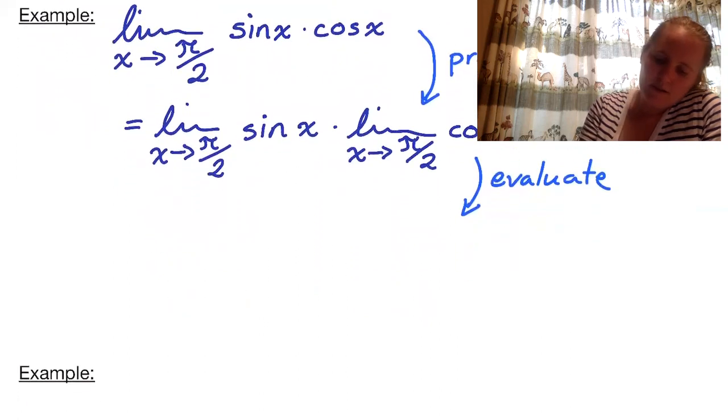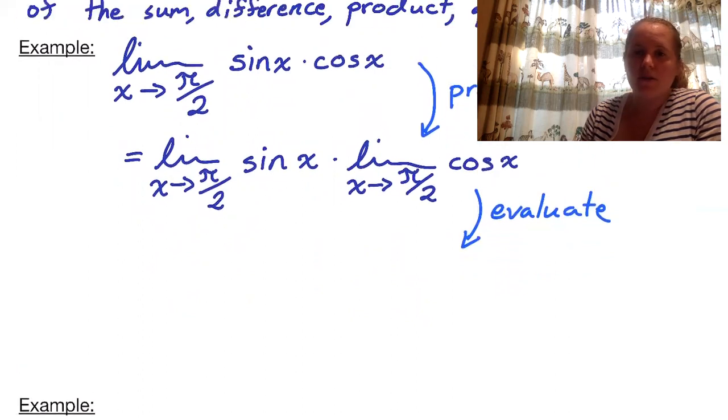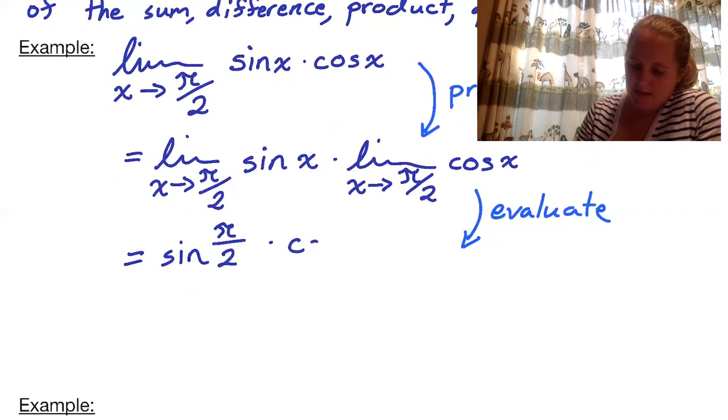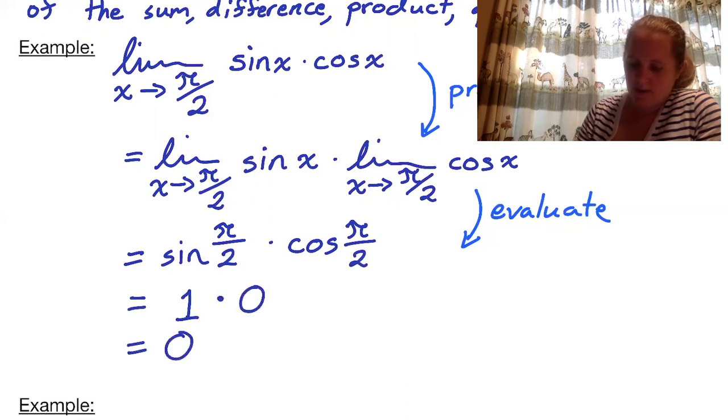So when we take the limit as x approaches pi over 2 of sine of x, we just get sine of pi over 2. And then when we take the limit as x approaches pi over 2 of cosine of x, we just get cosine of pi over 2. Sine of pi over 2 is 1, cosine is 0, and we wind up getting that that limit is 0.